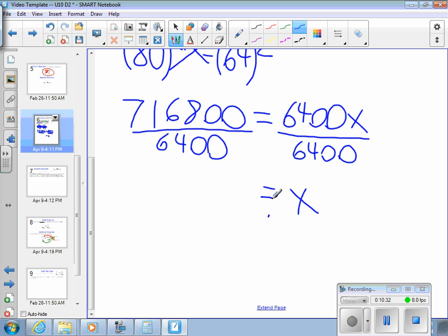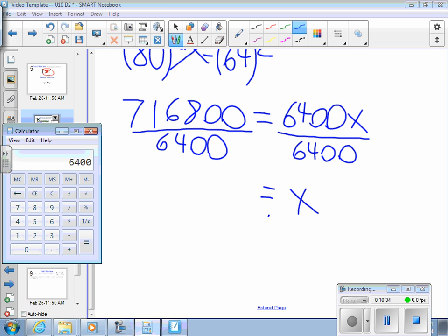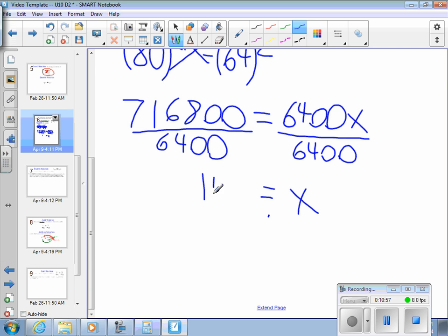So let's see what we get now. 716,800 divided by 6,400 equals 112.